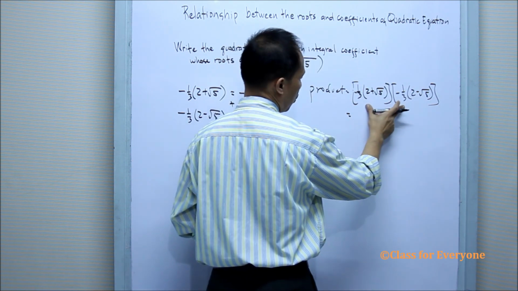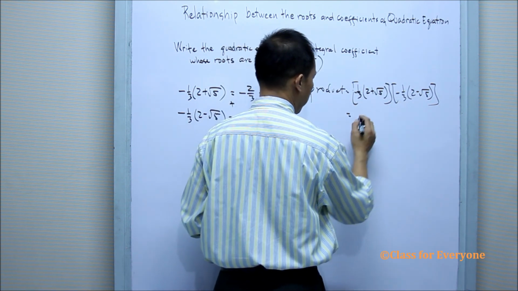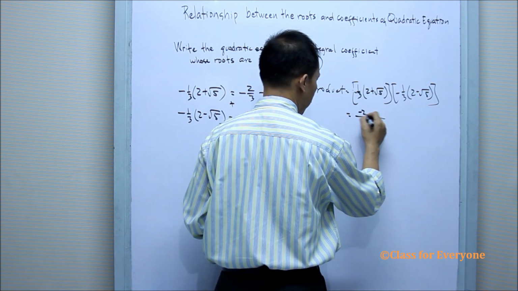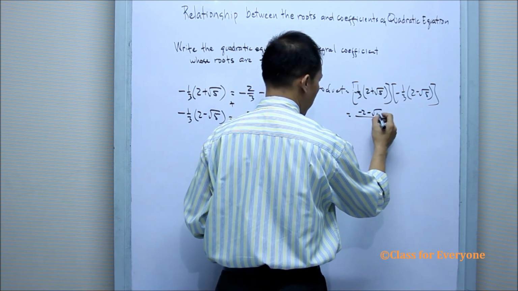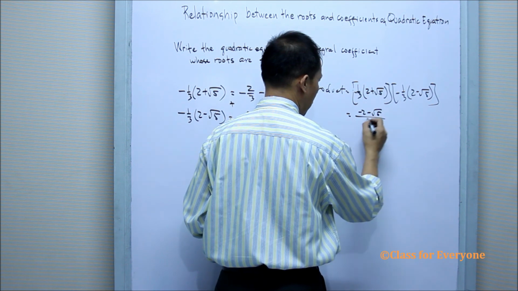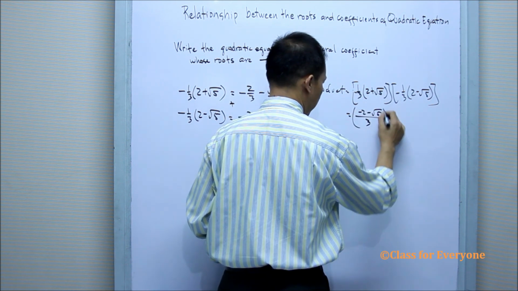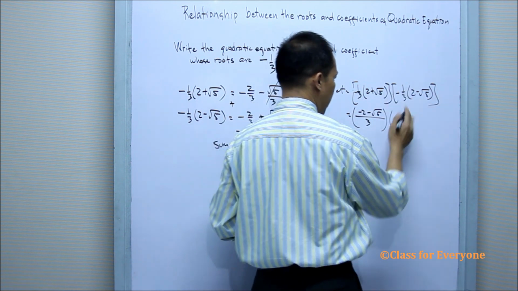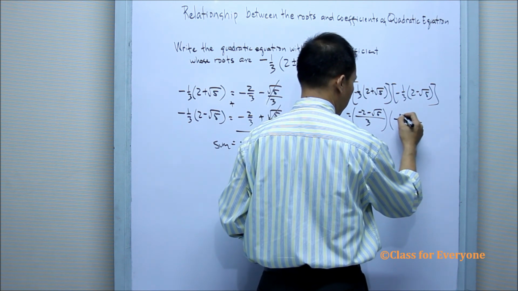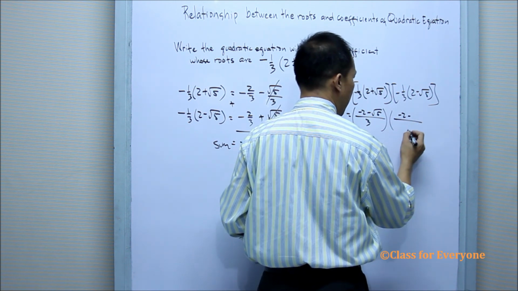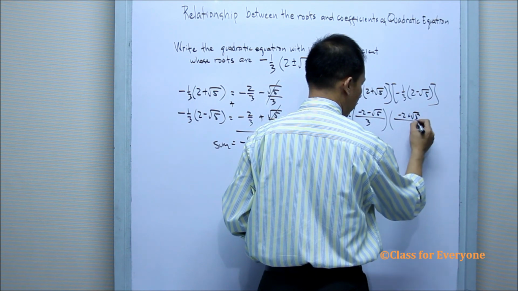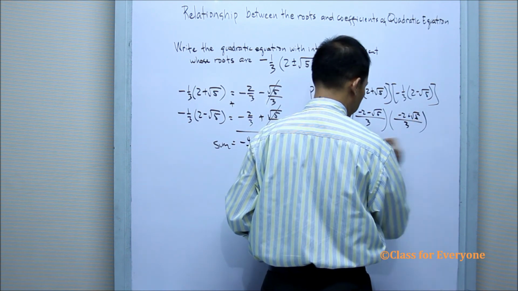I'm going to distribute this first. So that will be negative 2 minus the square root of 5 all over 3. And then distributing this, we'll have negative 2 plus the square root of 5 all over 3.